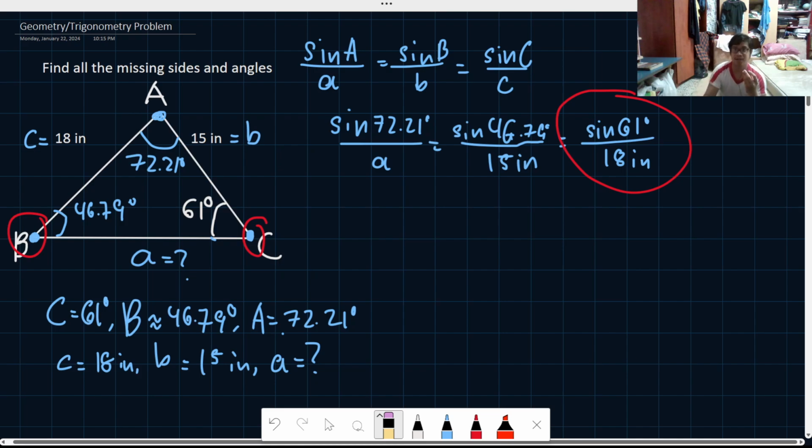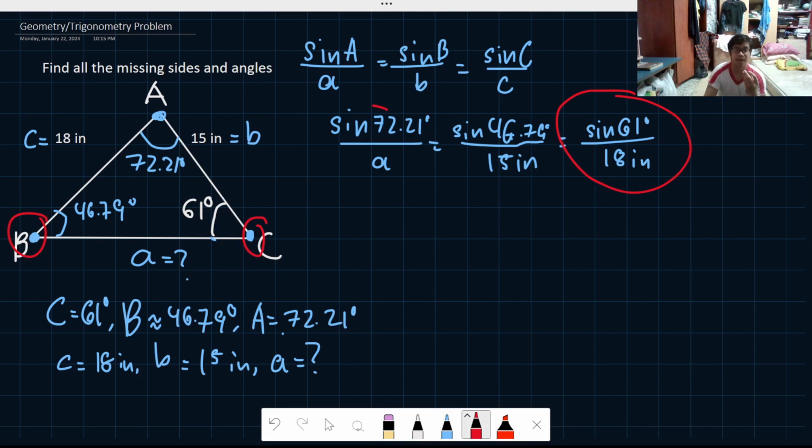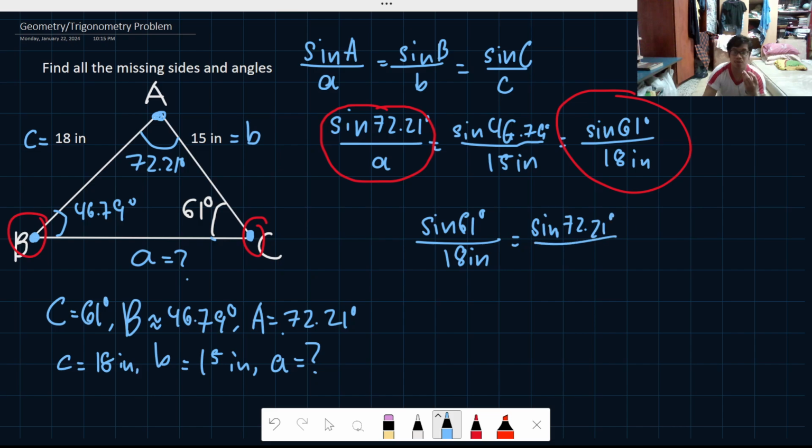Then next, you're going to pick this one. And after that, you're going to equate them. So we have sine of 61 degrees all over 18 inches is equal to sine of 72.21 degrees all over A. Now, if you're asking me why pick this fraction: not only does it have a given angle, but we're looking for the A. In fact, in this fraction, only one is missing, which is good.